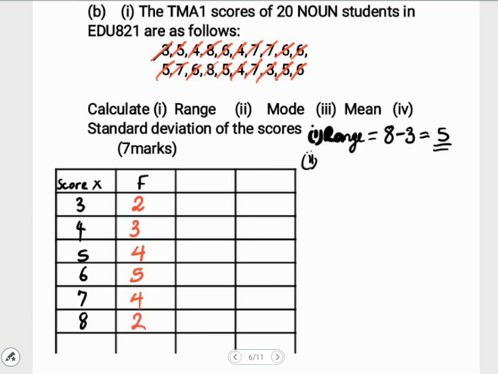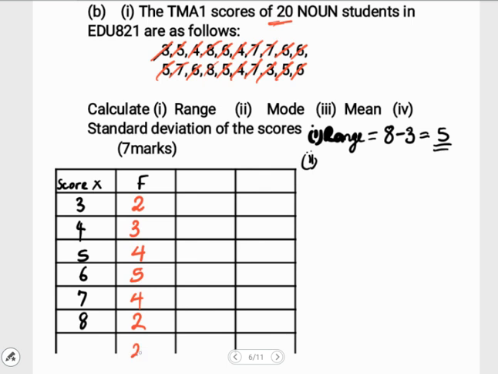So we have to check to see that it corresponds with the total number of students. We have 2 plus 4 gives us 6, 6 plus 5 is 11, 11 plus 4 is 15, 15 plus 3 is 18, plus 2 is 20.